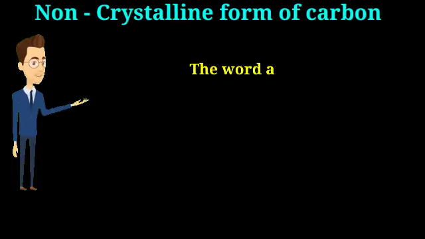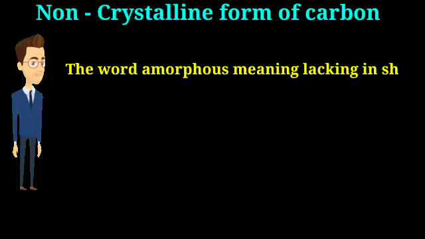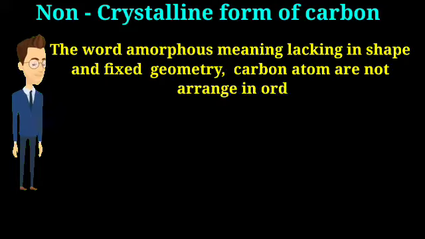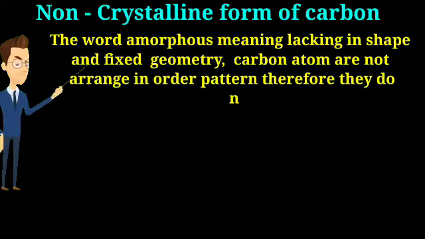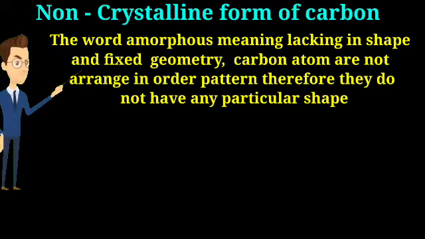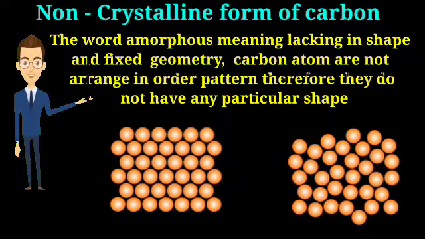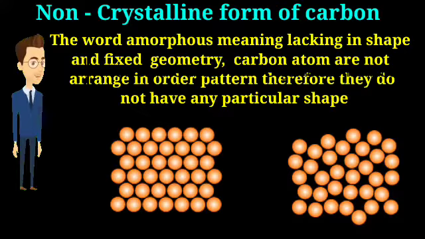Now we will talk about the non-crystalline form of carbon. What do you mean by amorphous? The word amorphous means lacking shape and fixed geometry. Carbon atoms are not arranged in an ordered pattern, therefore they do not have any particular shape. In the figure, the first one is the crystalline form because molecules are properly arranged.